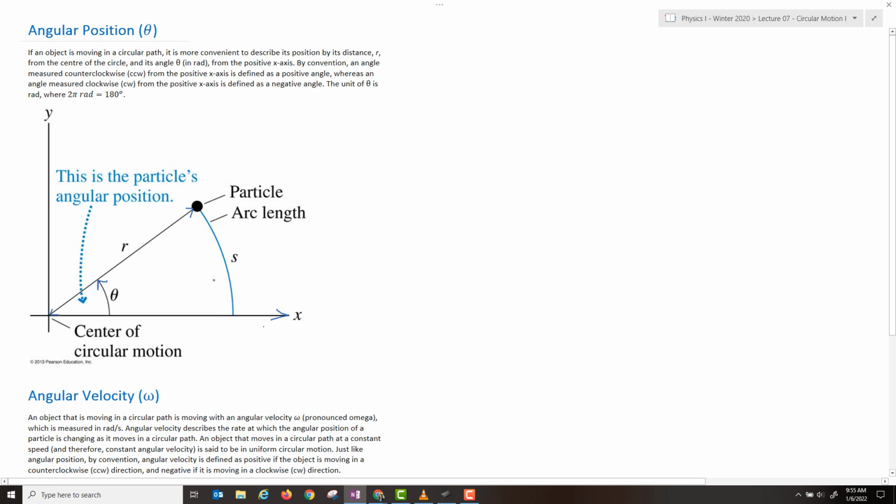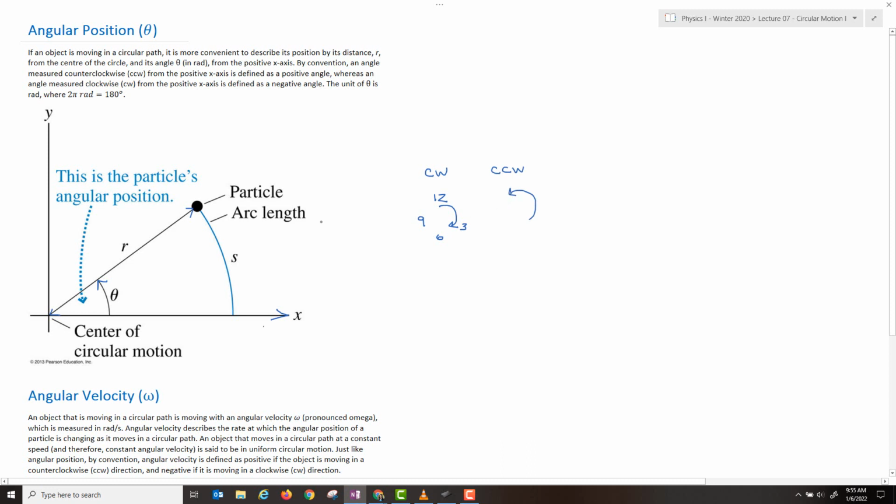By convention, an angle measured counterclockwise, all right, so a clock goes in this direction. This would be 12 o'clock, 3 o'clock, 6 o'clock, 9 o'clock. That's clockwise. Counterclockwise would be going in the opposite direction that a clock would go, so that would be this direction.